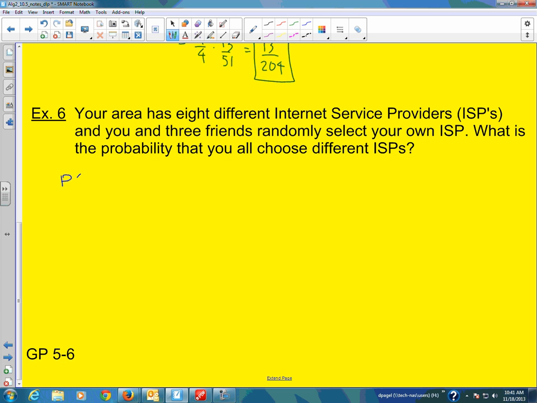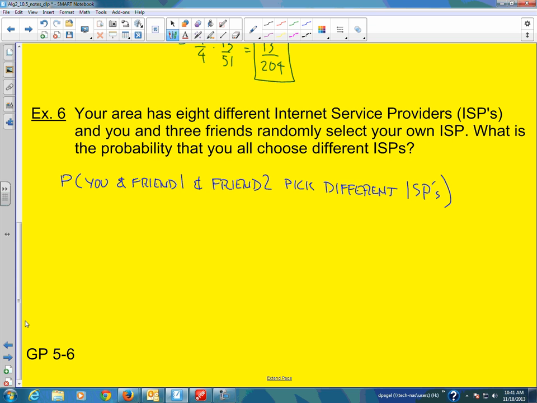So we want the probability that you and friend 1 and friend 2 pick different ISPs.